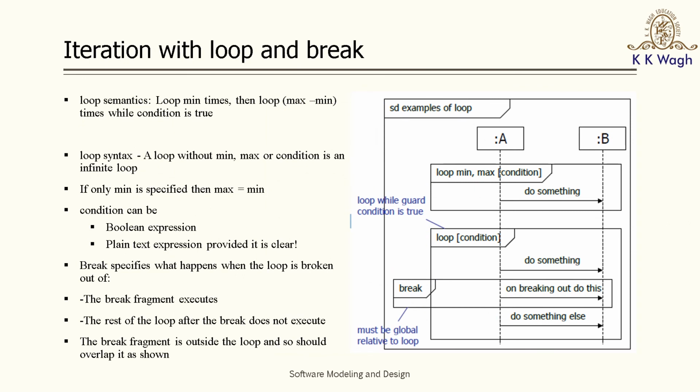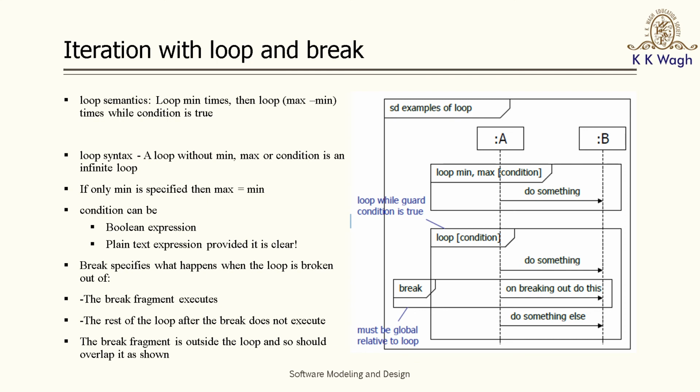Now here is an example with loop and break operations. Why are we using a loop? To repeat some statements. The loop syntax is like this: loop with min, max and condition, that indicates that you are going from a min value to a max value, and within this loop you are repeating some statements.